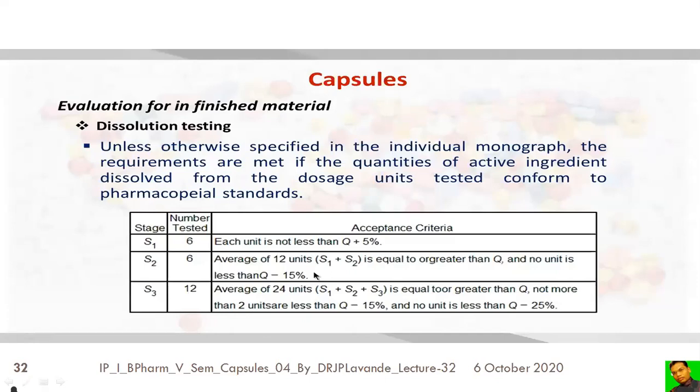So not more than 2 units should be less than Q minus 15%, that means 85%, and no unit is less than Q minus 25%. So that means the lower limit should be 75%, or within the range of 75 to 85%. That is the outcome.